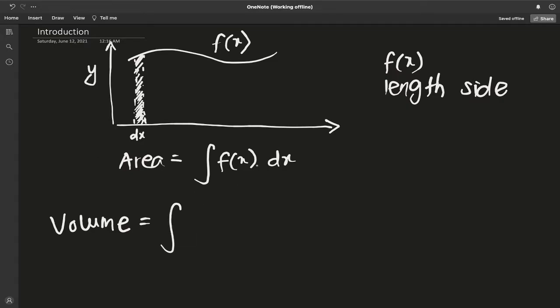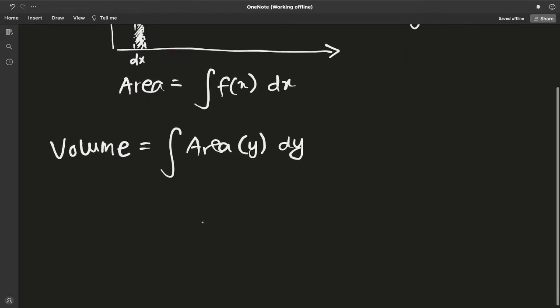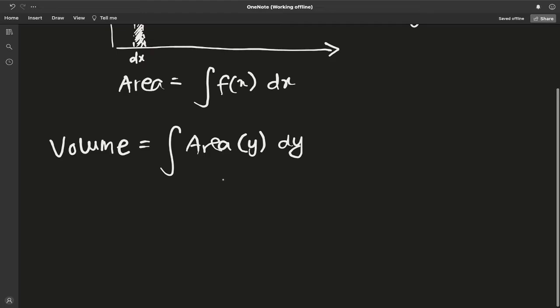So analogous to the previous case, we can write this as some area function of y dy, and this is actually a little more general, but just to give you some insight about what this exactly is, I'm gonna do a special case.